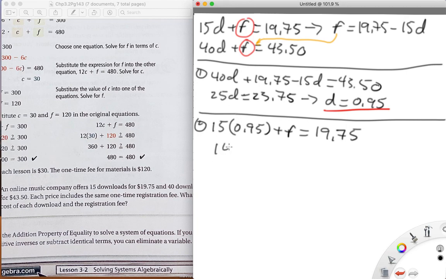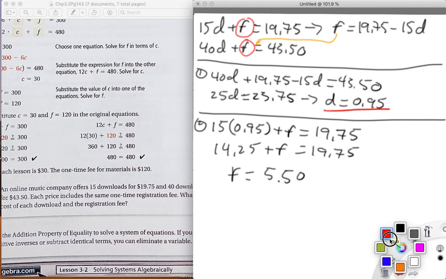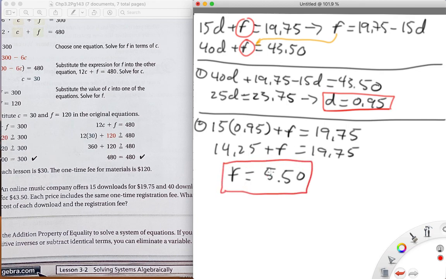This turns into 1425 plus f equals 1975. Subtract 1425 from both sides, and I get that the fee is $5.50. So the download cost was 95 cents and the fee was $5.50. Again, this was the substitution method.